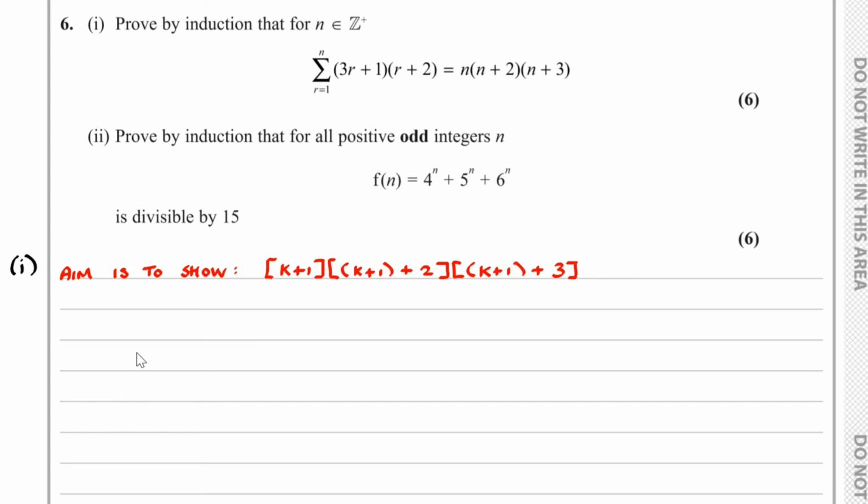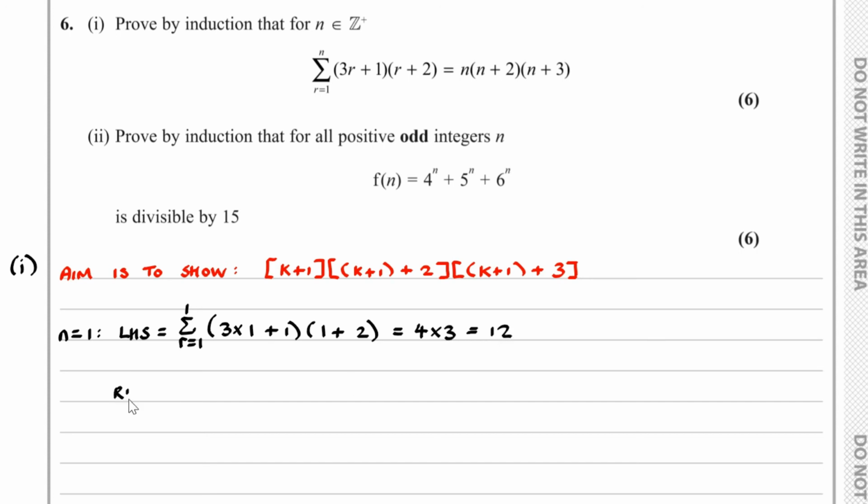So with a proof by induction question, the first thing we do is we see what happens when n is equal to 1. So on the left hand side we have the sum from r equals 1 to 1 of 3 times 1 plus 1 lots of 1 plus 2. So over here we get 4 lots of 3, which is 12.